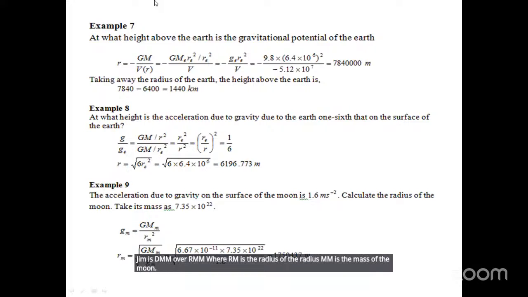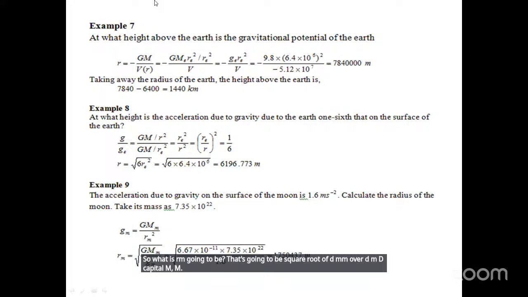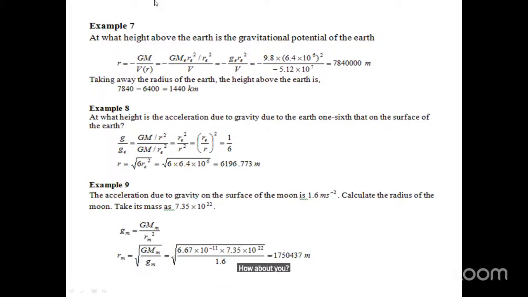So what is R_m going to be? That's going to be the square root of G M_m over g_m. Put all that together, you arrive at 1,750,437 meters, the radius of the moon from our calculation.